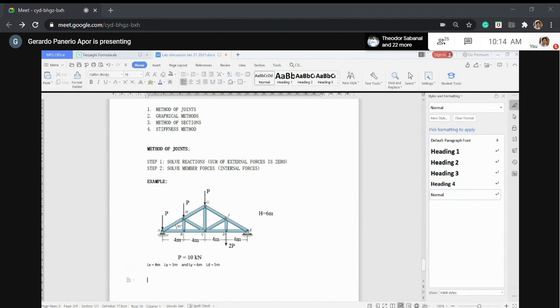Because this triangle forms a 3, 4, 5 triangle, meaning 4 horizontal, 3 vertical, so the hypotenuse is the square root of 25, which is 5.